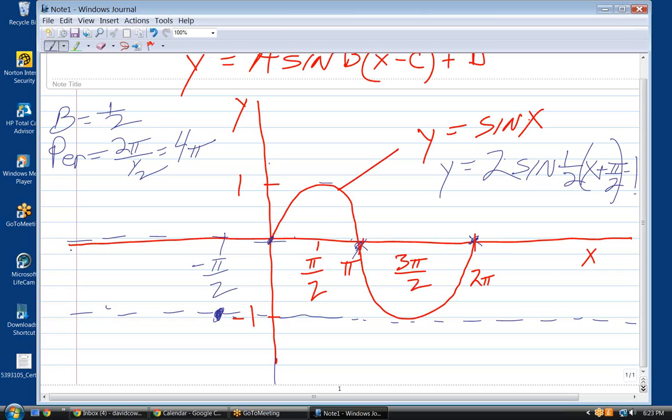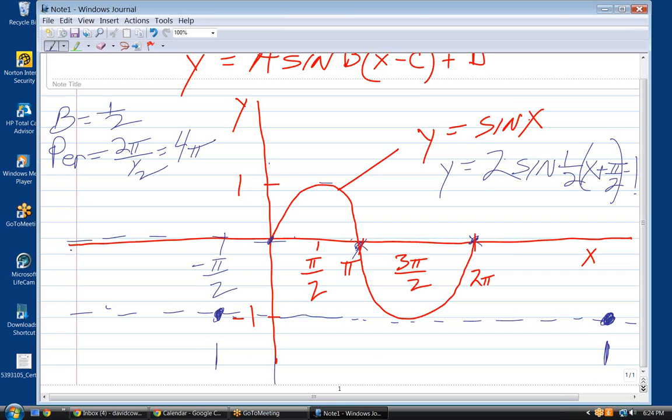So, if my period is 4 pi, and I'm starting at minus pi over 2, where's my ending point going to be? It would be at positive 4 pi. The distance between here and here is 4 pi. Okay.